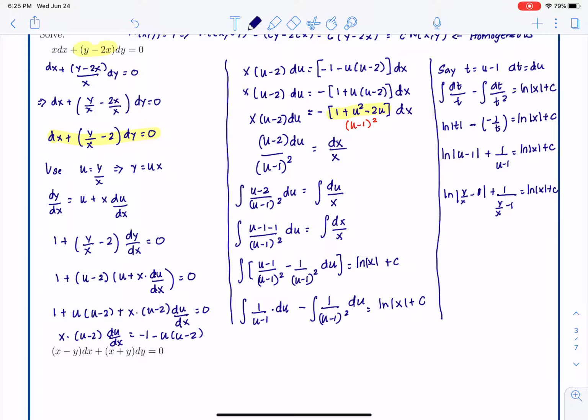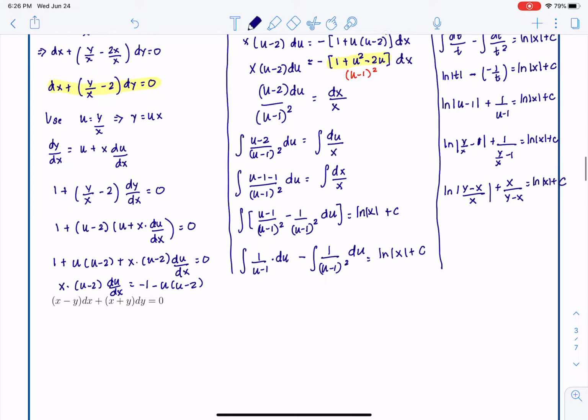So we will have ln of (y minus x) over x plus x over (y minus x) equals ln of x plus c. I just simplified.